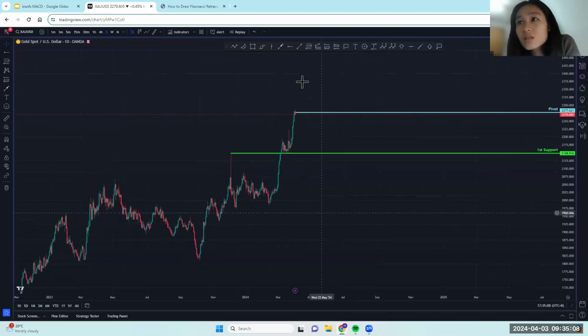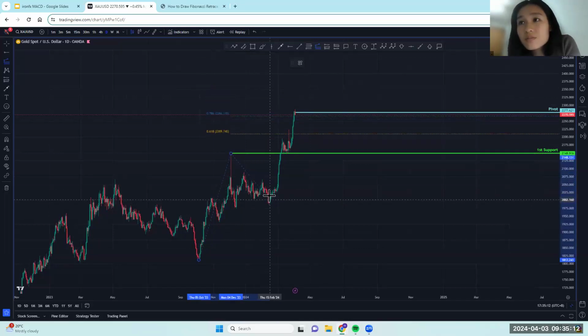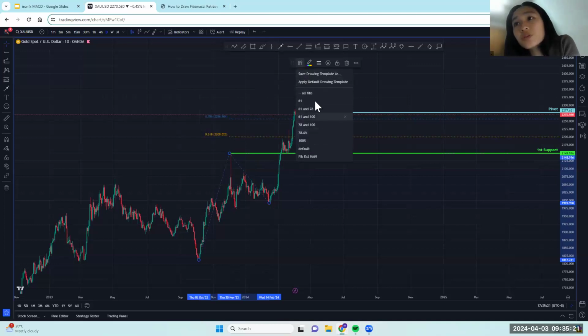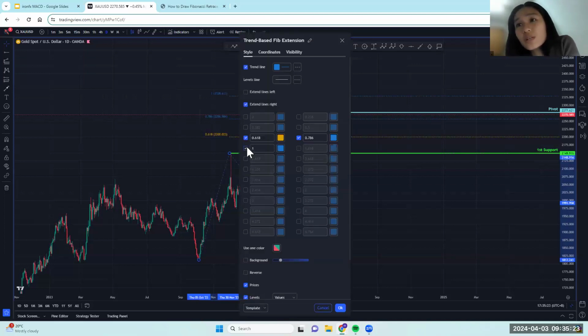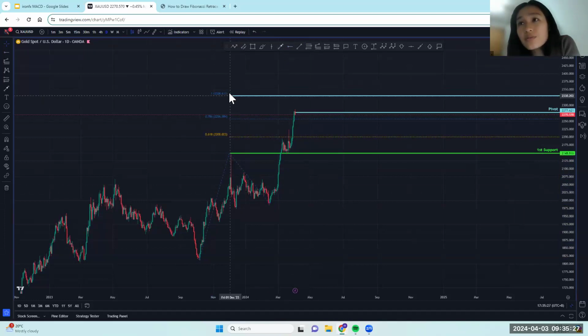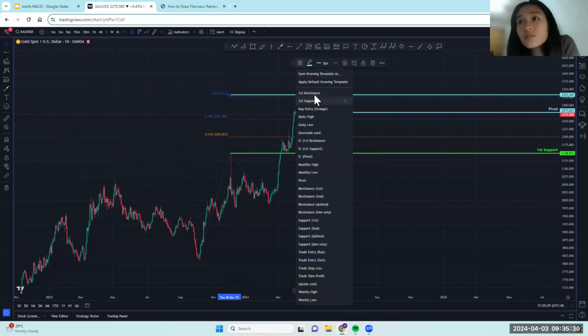Let's try a projection. Okay, for projection, we use 100% as well. So these three levels. Okay, and I'm going to place my first resistance at this level here.